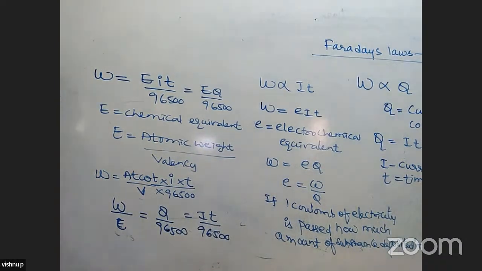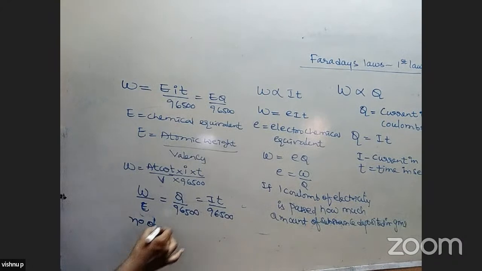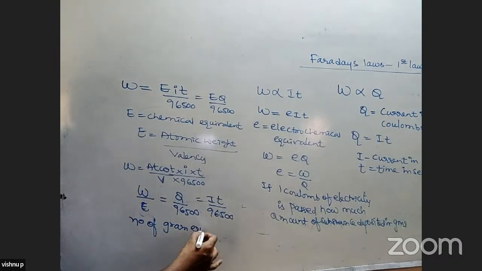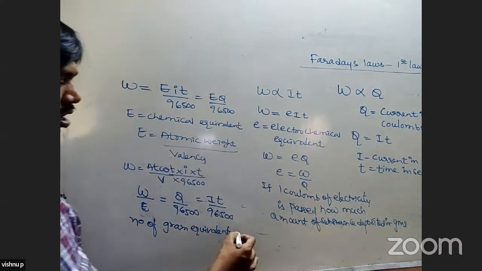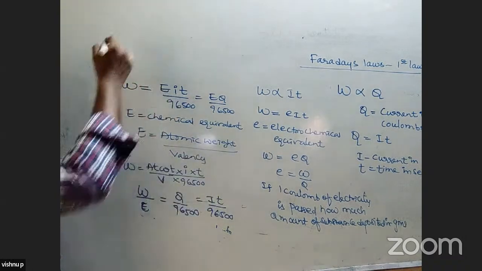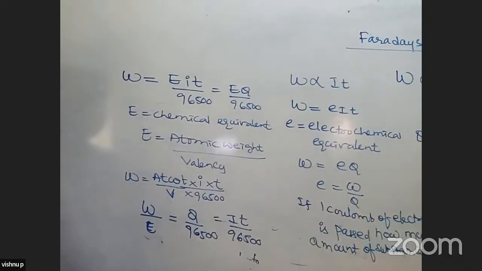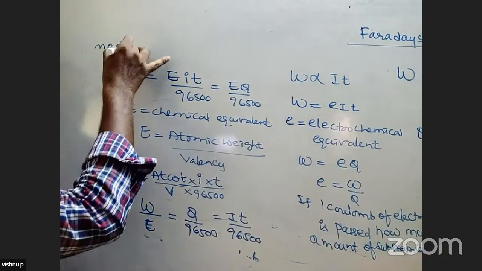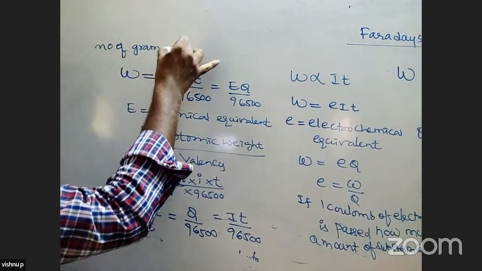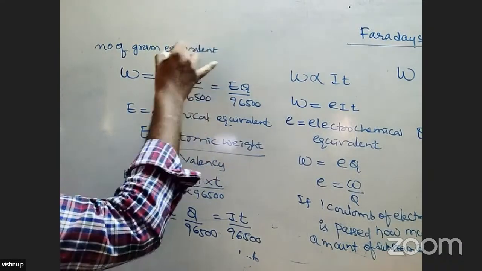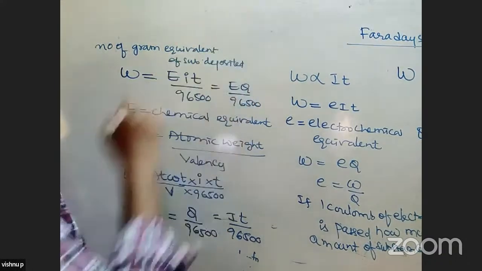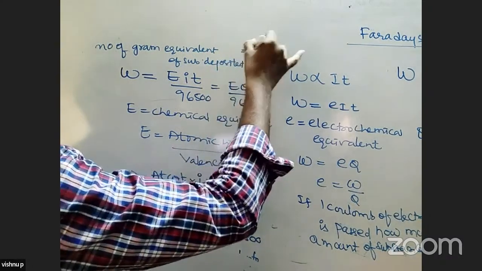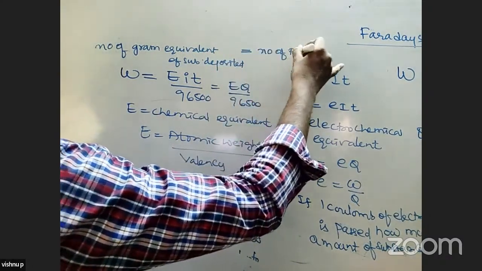And from this, number of gram equivalents, here we write now, according to Faraday's law: the number of gram equivalents of substance deposited is equal to the number of Faradays.